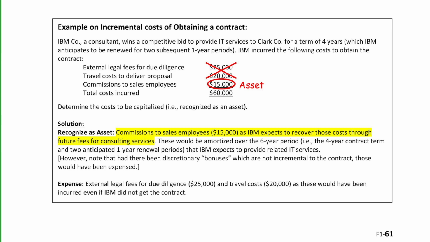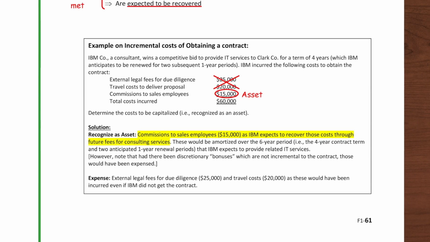But external legal fees and travel costs, they were incurred irrespective of IBM getting or not getting the contract. And that's the reason why these commissions which IBM pays to its sales employees is capitalized as an asset and amortized over 6 years.